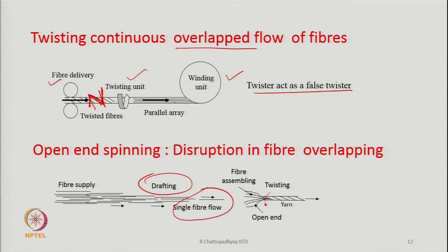At that stage we have to reach. So, a very high draft we have to apply, hoping that the number of fibers in the cross section of the fiber flow will keep on reducing, and it will reduce to a level which is close to almost single fiber flow.